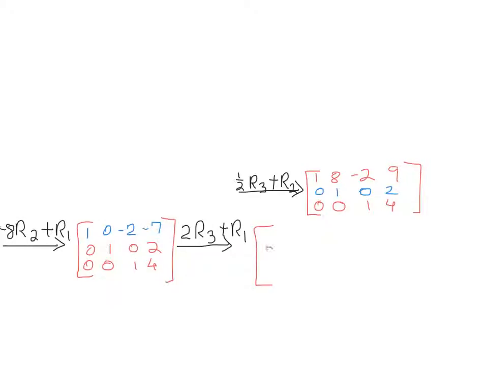So we keep the second and the third row, and so when you multiply 2 times 0, it's 0 plus 1, that's 1. 2 times 0 is 0 plus 0, still 0. 2 times 1 is 2 minus 2, 0. 2 times 4 is 8 minus 7. That would be 1. Yes, we got the solution.